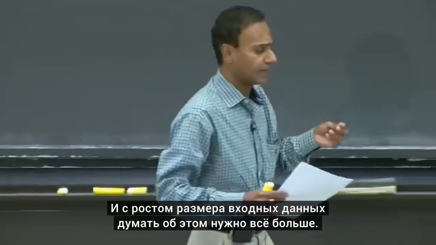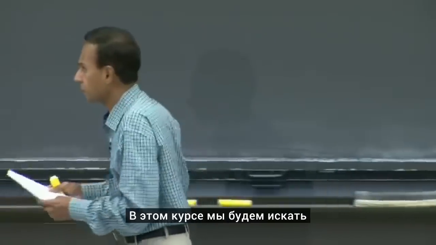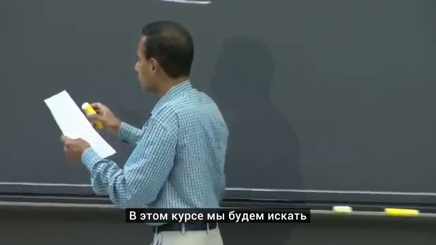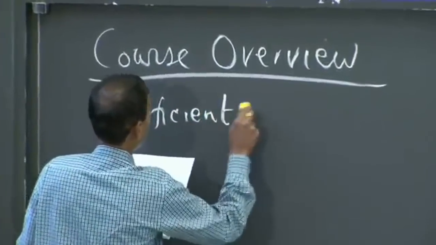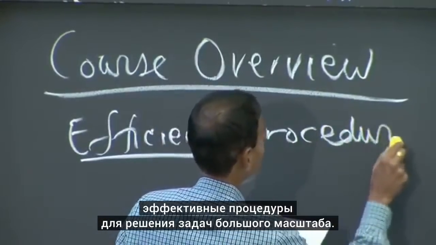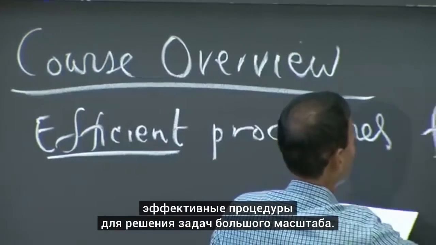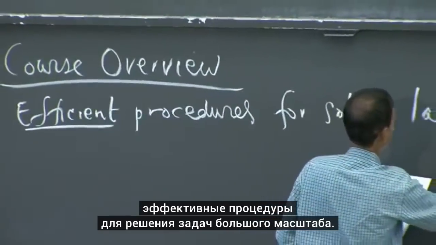So efficiency is a concern, and as inputs get larger, it becomes more of a concern. All right, so we're concerned about efficient procedures for solving large-scale problems in this class.